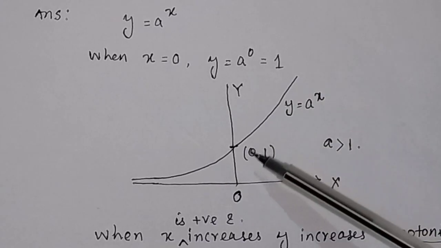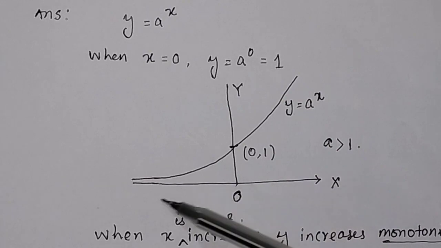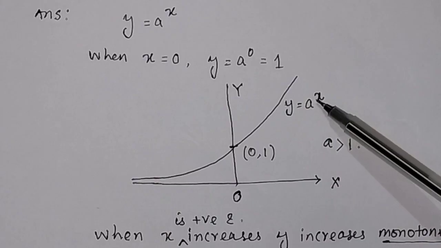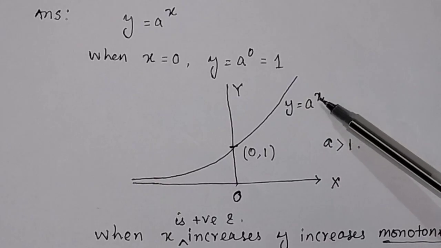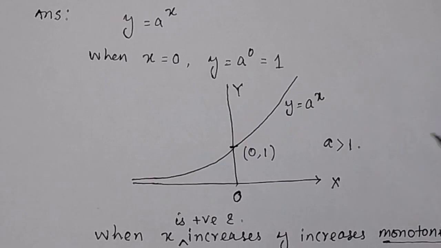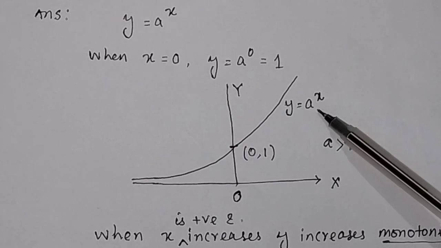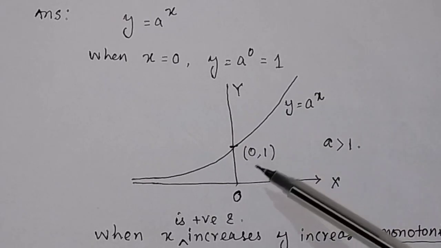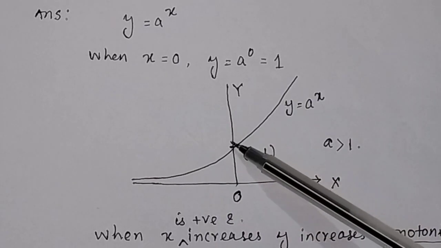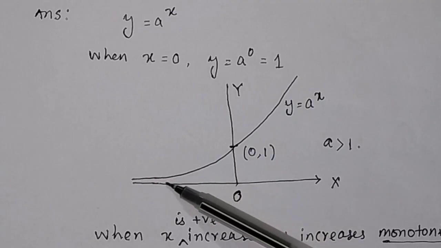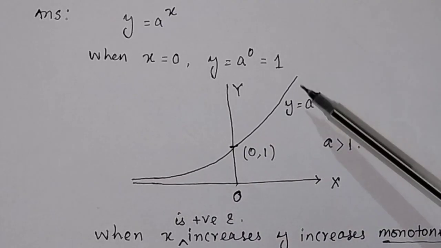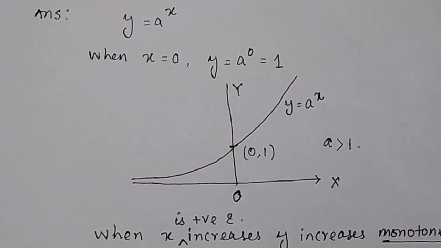But when x is negative, then y will be equal to a to the power minus x, and a to the power minus x means 1 divided by a to the power x. So when y equal to 1 divided by a to the power x, if you increase the value of x, then there will be decrease in the value of y like this. So this will be the nature of a to the power x when a is greater than 1.